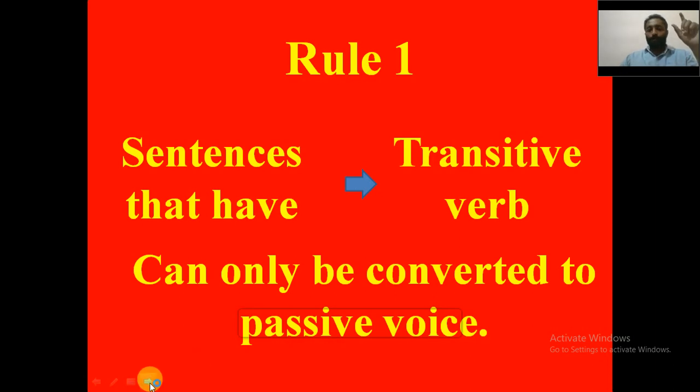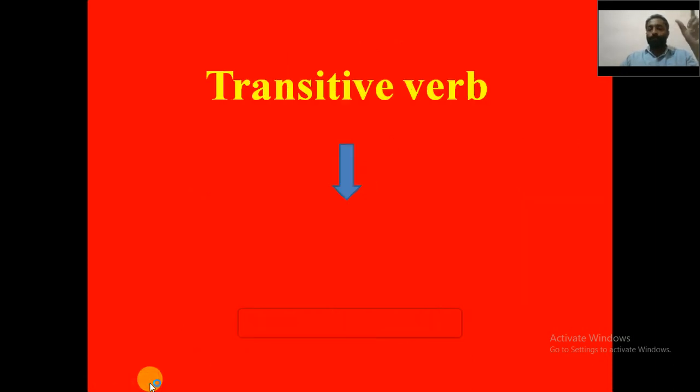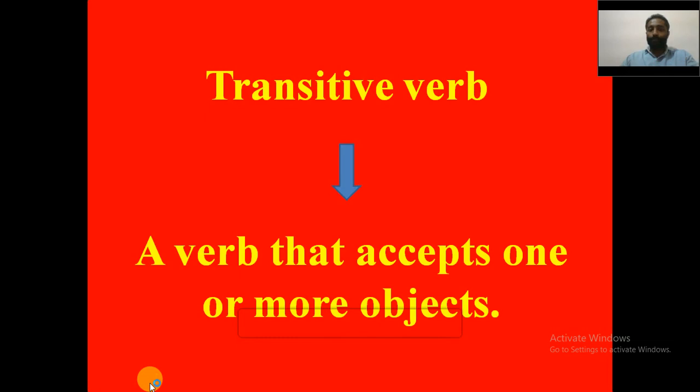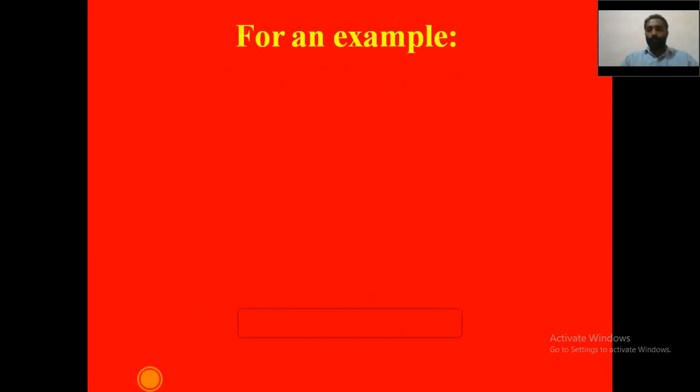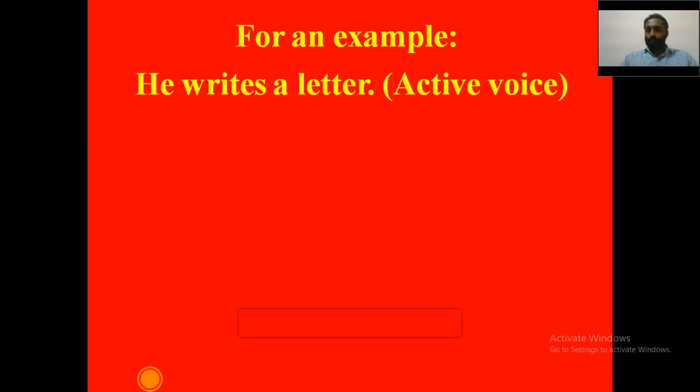Remember the definition of the term transitive verb. A transitive verb means a verb that accepts one or more objects, which means in a sentence there must be an object. Then only that sentence can be converted from active into passive voice. I'll give an example. He writes a letter.